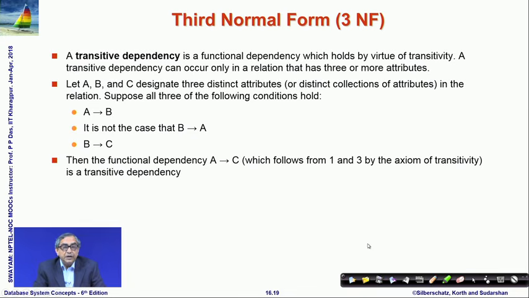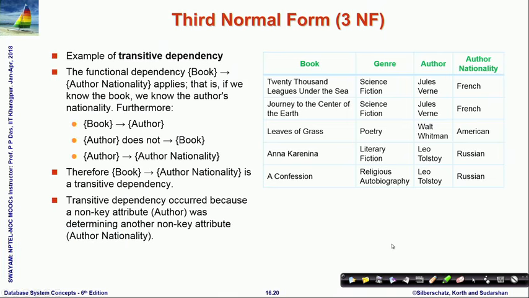So, this is the definition of transitive dependency, which I have just loosely told you, so I will skip over this. They have given another example of a very different kind of relationship: book, genre, author and author nationality. Given the book, you know the author, and given the author, you know the author nationality.